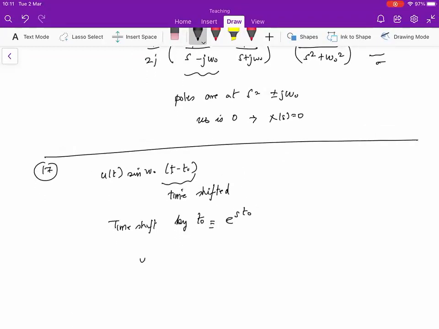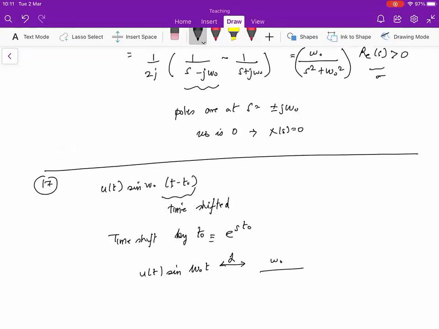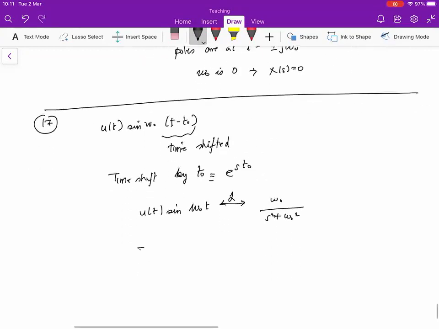So we can say that u(t) sine omega naught t has the Laplace transform omega naught over s squared plus omega naught squared, which implies that u(t) sine omega naught (t minus t naught) has the Laplace transform e to the s t naught times omega naught over s squared plus omega naught squared. So it's basically a trivial application of the time shifting rule.